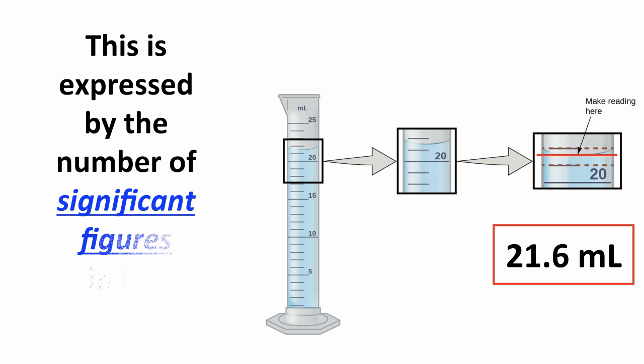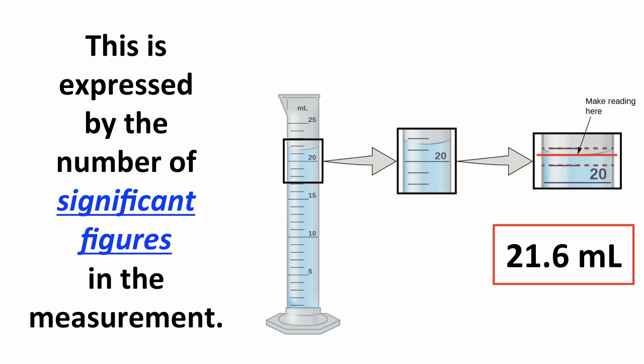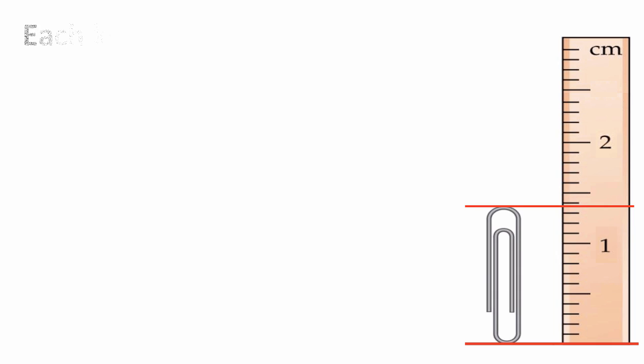And the uncertainty in a measurement is going to be expressed by what are called significant figures, the number of significant figures in that measurement. The measurement of the volume using this graduated cylinder has 3 significant figures, and it's known to the tenths of a milliliter. The length of the paper clip had also 3 significant figures, but it was known to the hundredth of a centimeter. That was our approximation.